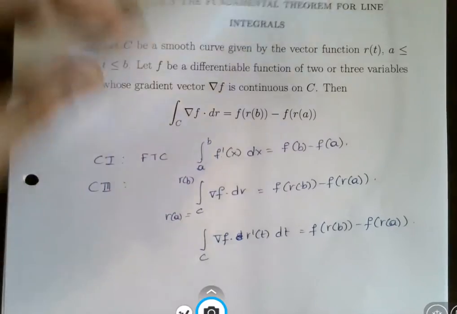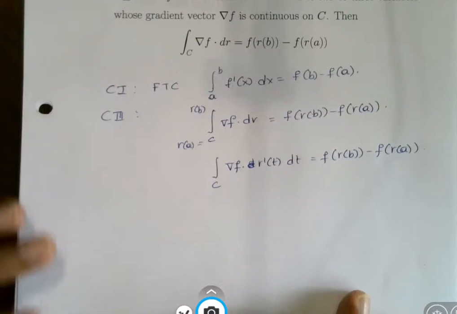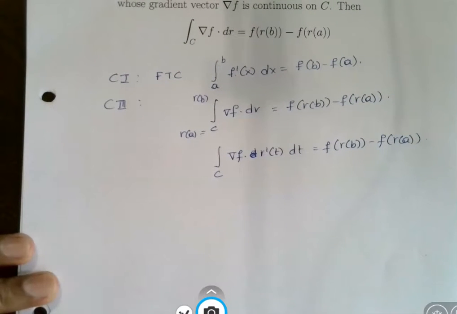Now how did this come about? Do I have a place to prove this? No, I don't have a place to prove that, so let me show you briefly what happened.